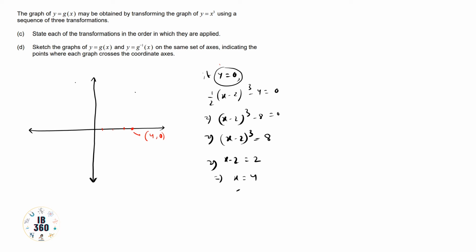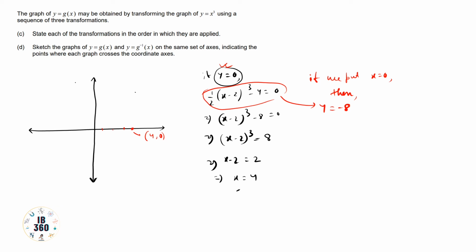Now here we have applied y equals 0. Again we need to apply x equals 0 also. So if we put x equals 0, then from this equation we will have y to be minus 8.